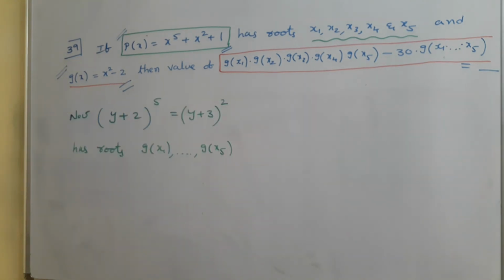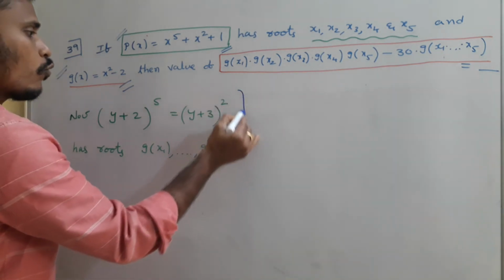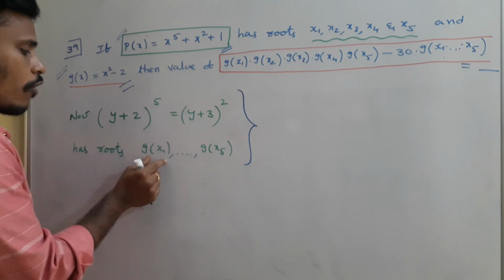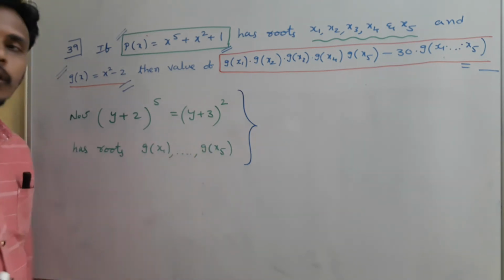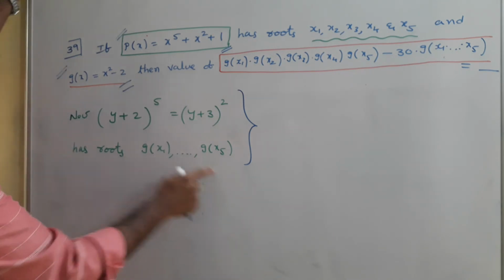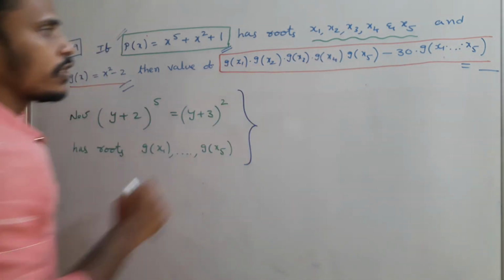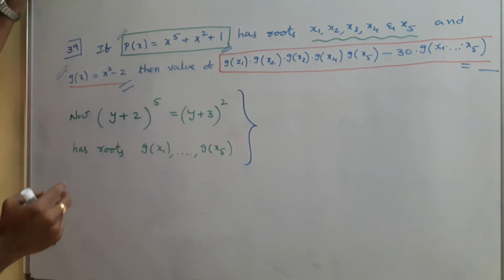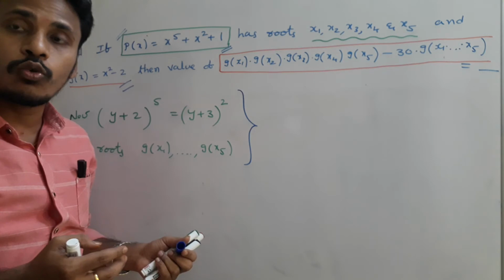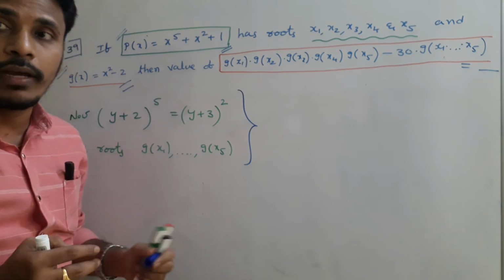So finally, at the end, what do we have? This equation, y plus 2 to the power 5 is equal to y plus 3 whole squared, has 5 roots, and those 5 roots are g of x1, g of x2, like that up to g of x5. Very good. Since these 5 are the roots, I need the product of these 5. The product of the roots for a fifth degree equation is minus 1 to the power 5 into constant value by leading coefficient.